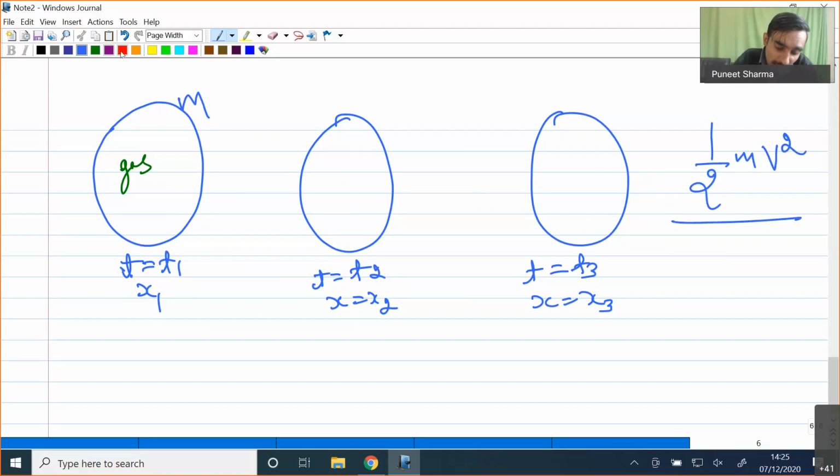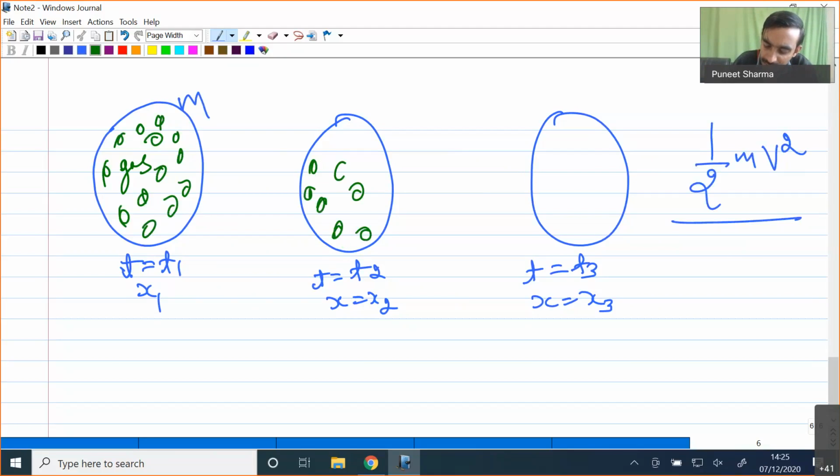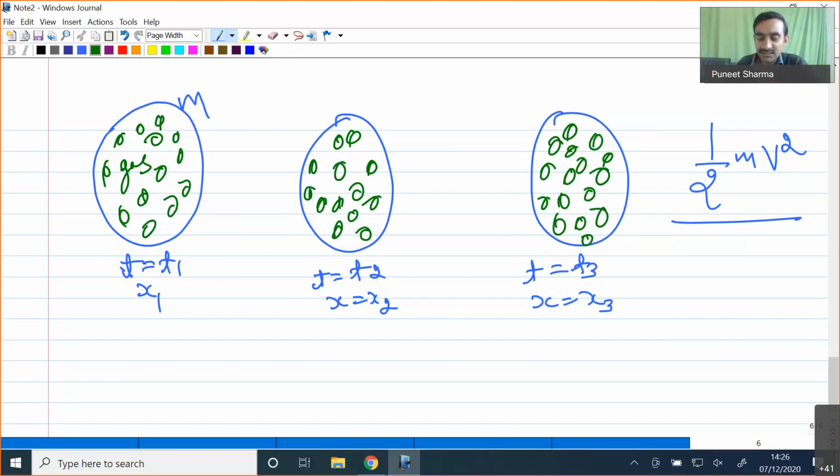Okay, now if we talk about the medium inside, inside I will be having a number of gas molecules. Okay, so while it is changing its physical state from one point to another point, every time we are having the same number of molecules inside, and obviously because it's a gas, a fluid, molecules will also be having some collisions, some motions within the container.